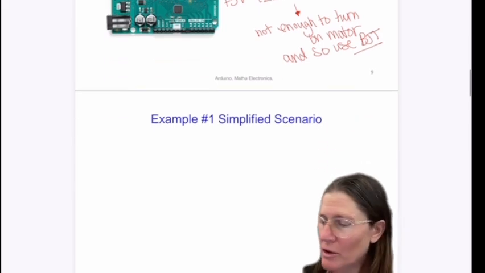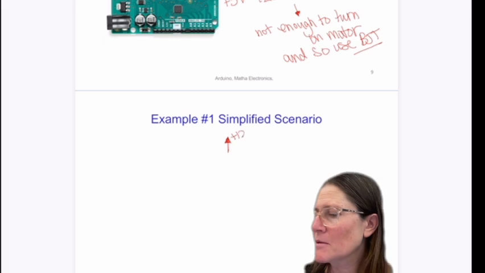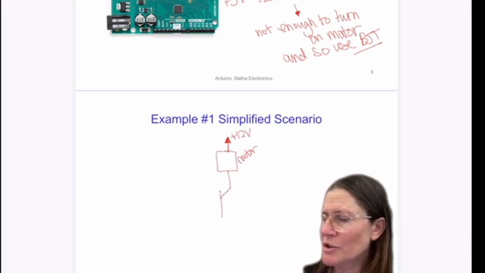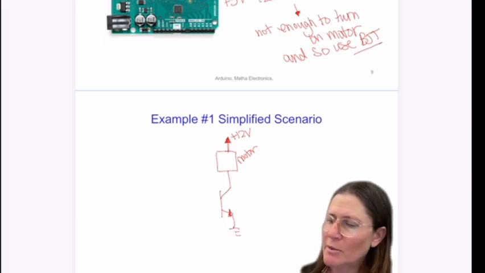It would look like this: you hook it up to the 12 volts you need, you hook up your motor here, and then you hook it directly to the top of the BJT. And the emitter could then be just grounded.